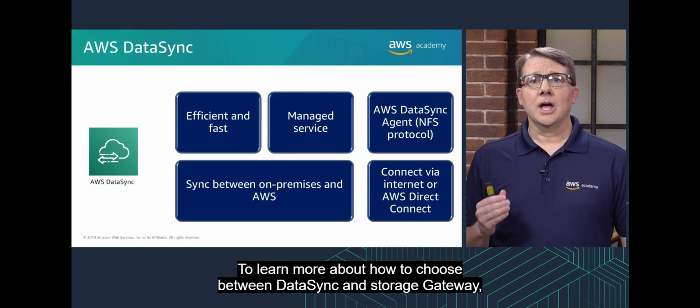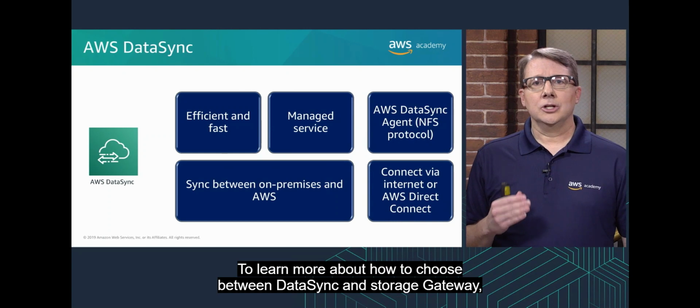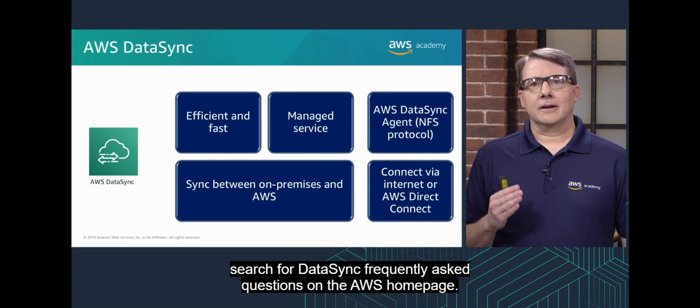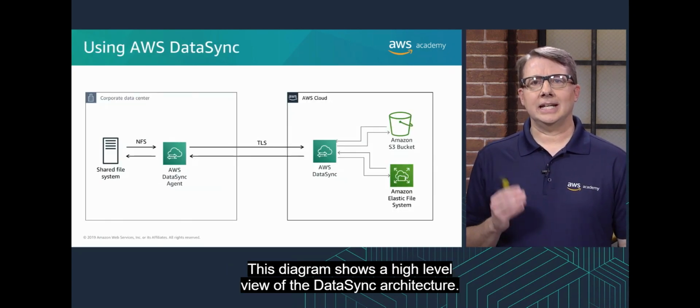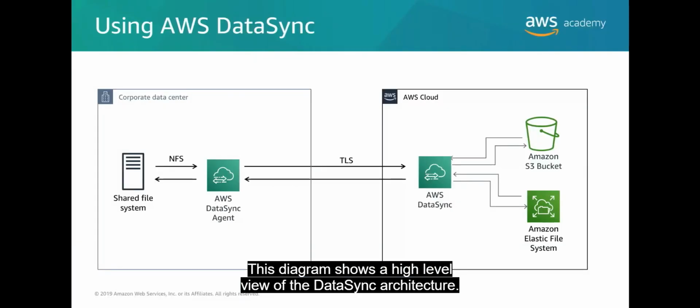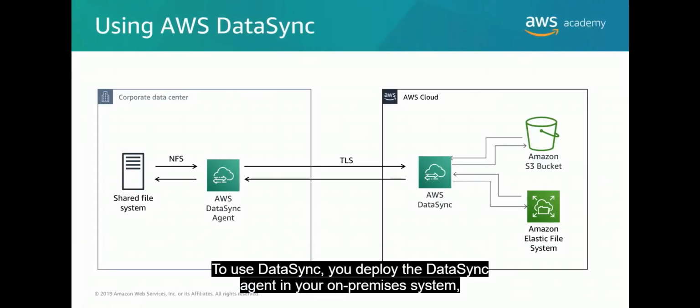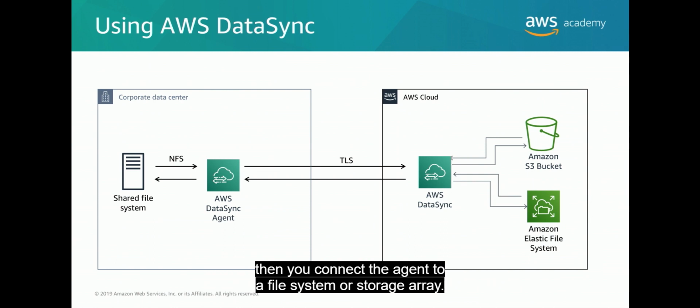To learn more about how to choose between Data Sync and Storage Gateway, search for Data Sync Frequently Asked Questions on the AWS homepage. This diagram shows a high-level view of the Data Sync architecture. To use Data Sync, you deploy the Data Sync agent in your on-premises system. Then you connect the agent to a file system or storage array.